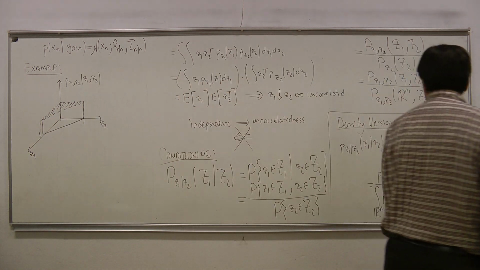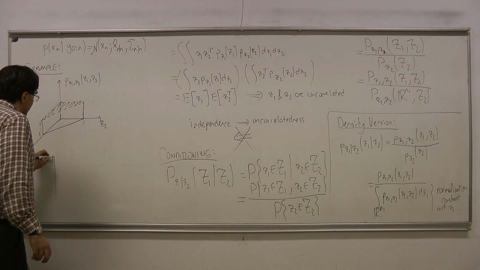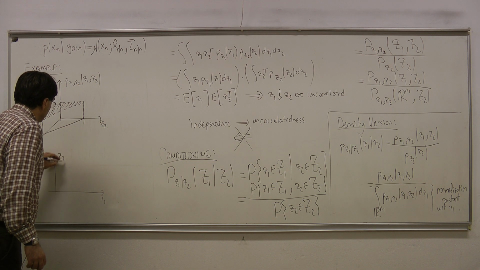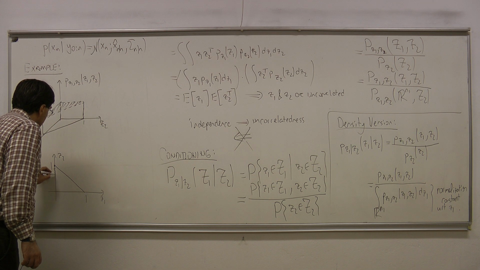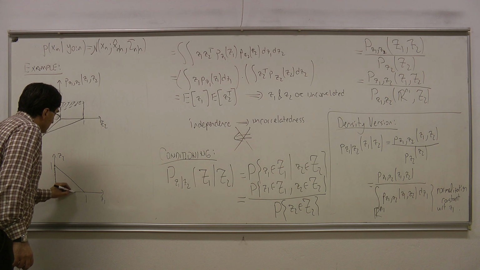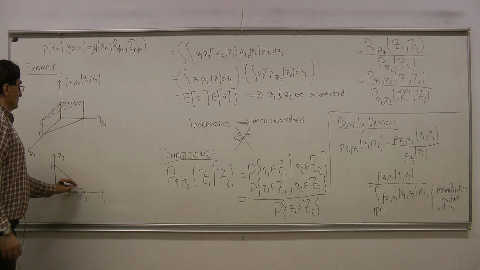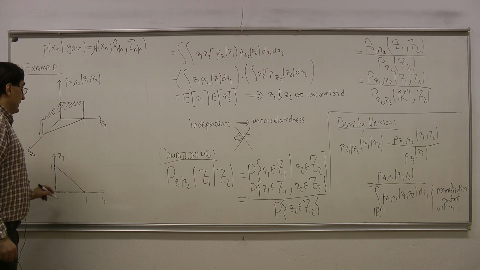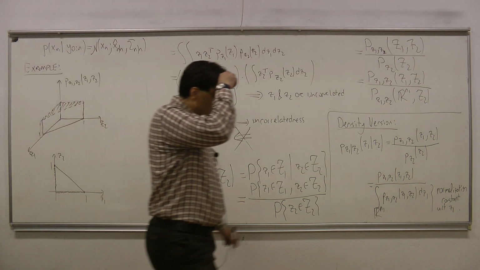All right. So if I try to draw this on a two-dimensional plane, it is this triangle that I'm talking about. Inside this triangle, the joint PDF has equal value everywhere, and it is 0 everywhere else. All right?